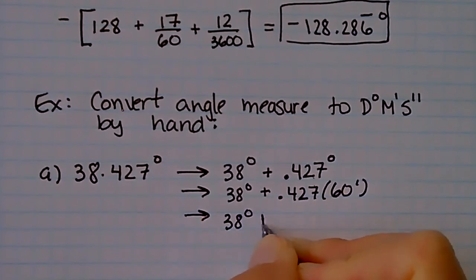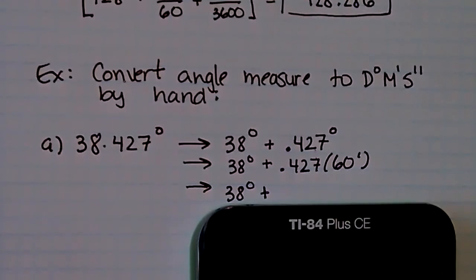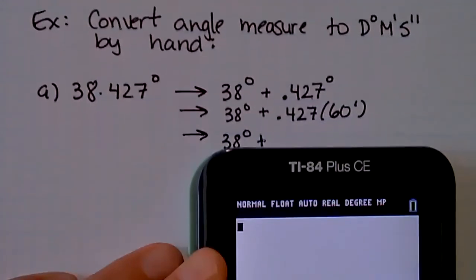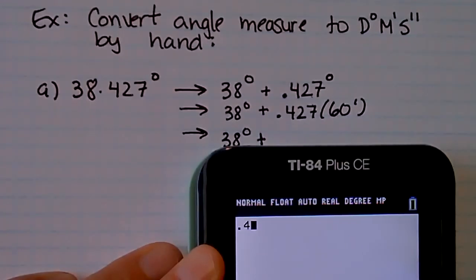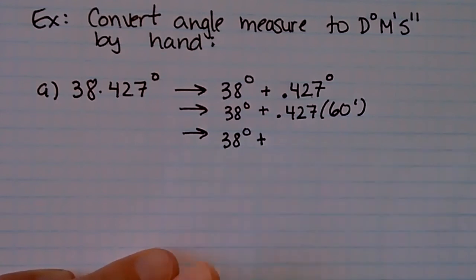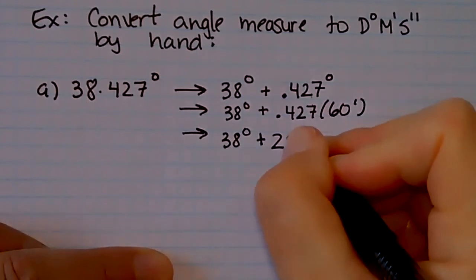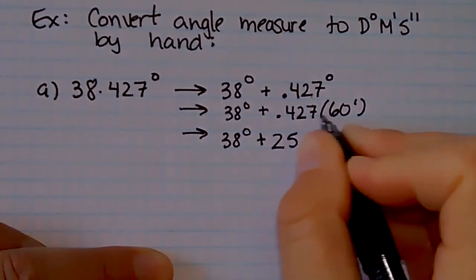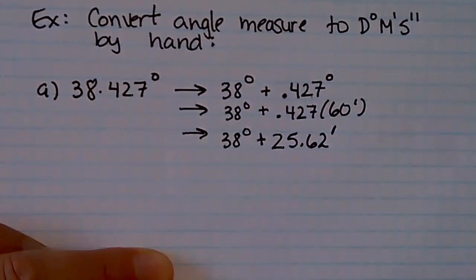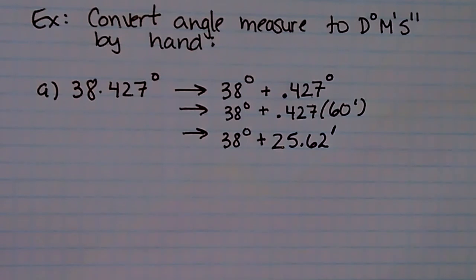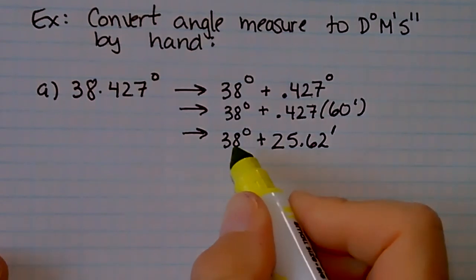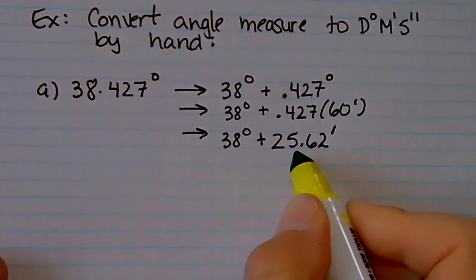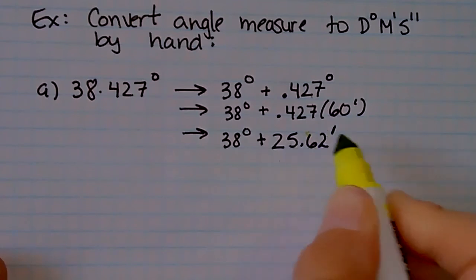So when I do that, I'm going to have my 38 degrees. And now let's put this in the calculator. So 0.427 times 60, I end up with 25.62. So now I have 25.62 minutes. So now I converted this degrees to minutes. So I know I have 38 degrees. I know I have 25 minutes.